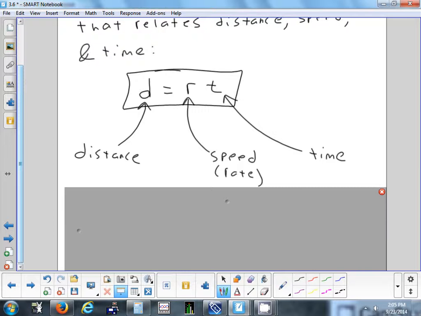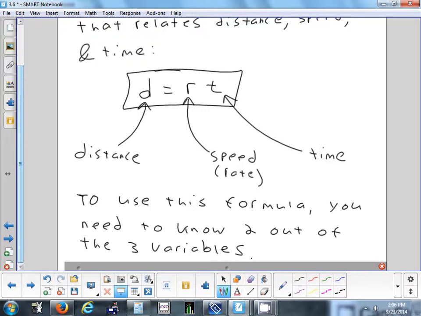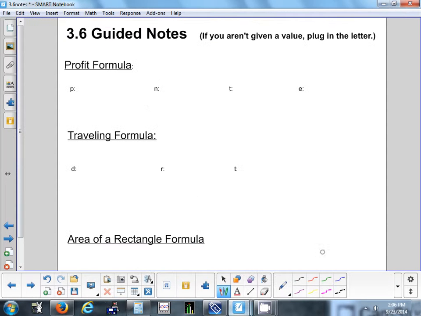I'll either give you R and T and ask you to find D, or I'll give you D and R and you find T, or I'll give you D and T and you'll find R. But I'll always give you 2 out of 3. Any question on that formula? This is the distance formula, for problems where you're traveling.